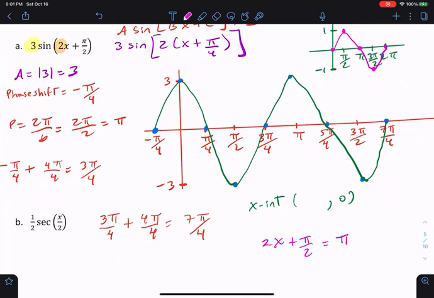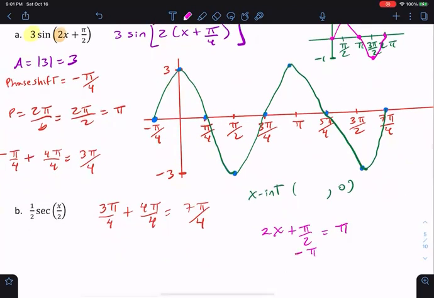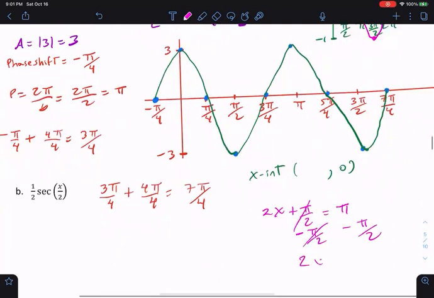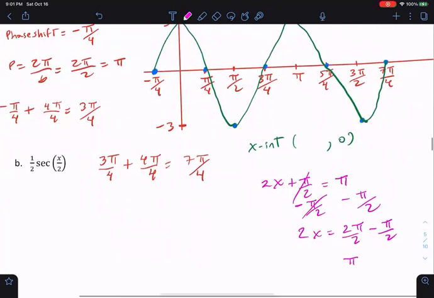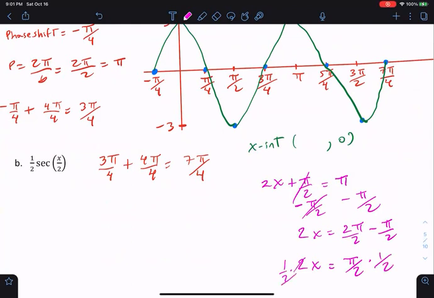So we need to solve for this. Subtract pi over 2 on both sides, so this cancels out. We get 2x equals, we can write this as 2 pi over 2 minus pi over 2, which is going to be pi over 2. So 2x equals that. You multiply by 1/2, and you get pi over 4.